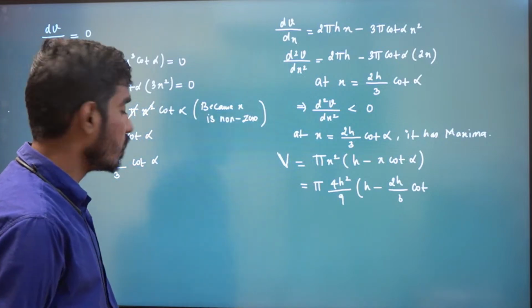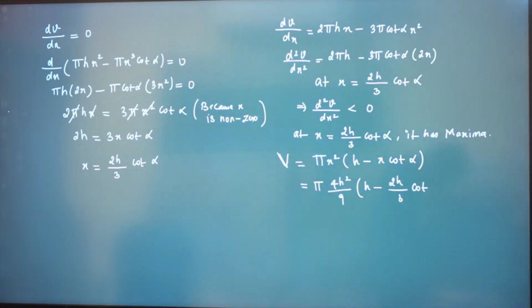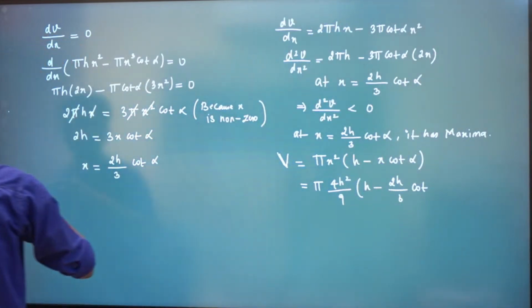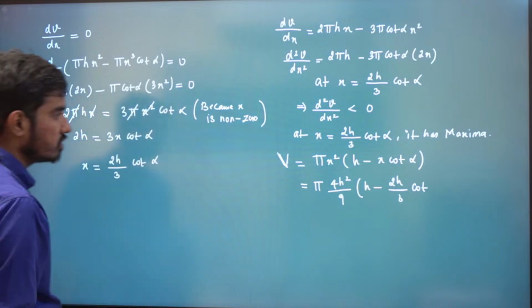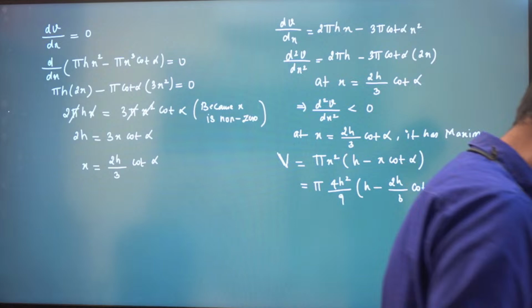Okay, it is tan alpha, I think, right? 2h by 3. x is 2h by 3 tan alpha, right? x is 2h by 3, 1 by cot alpha. This is, sorry, this is tan alpha, right? Just a minute.